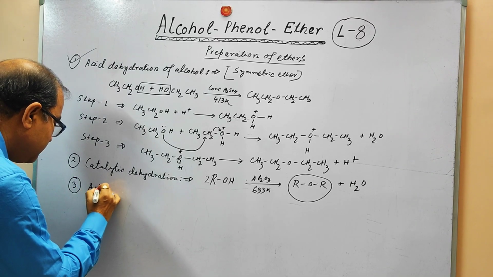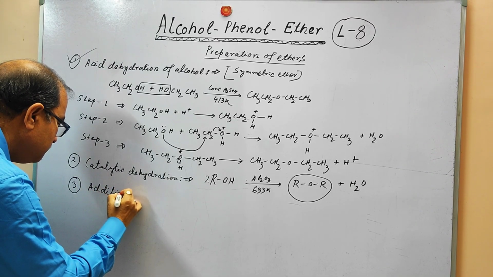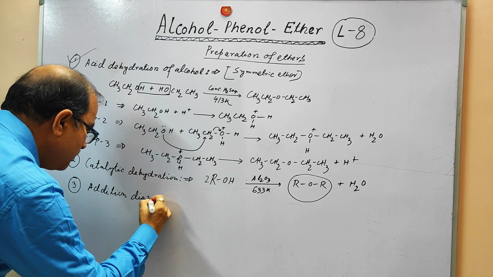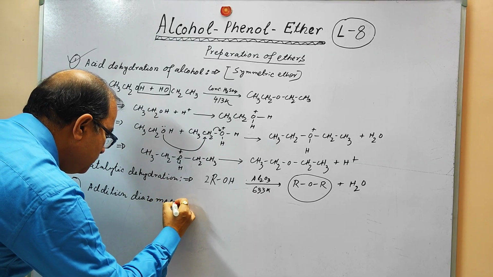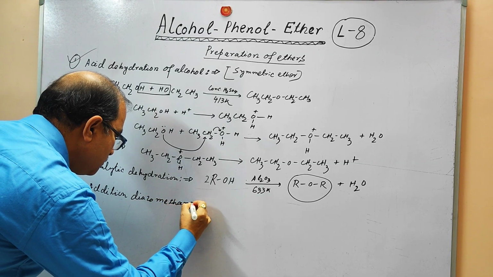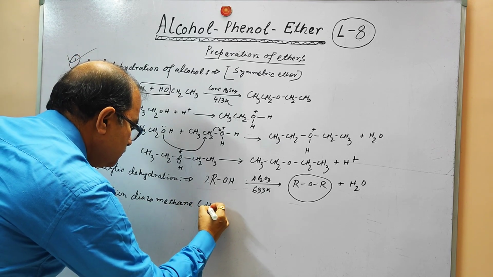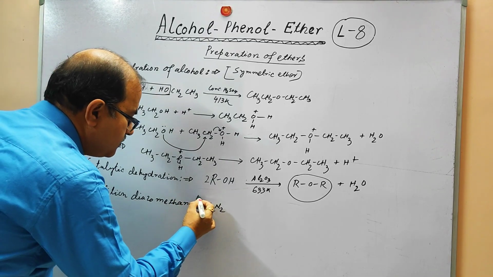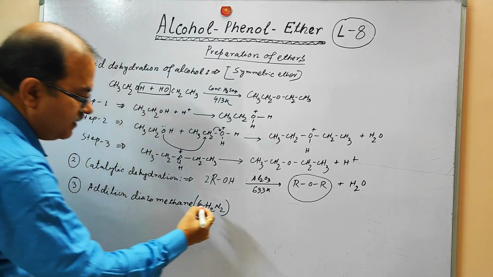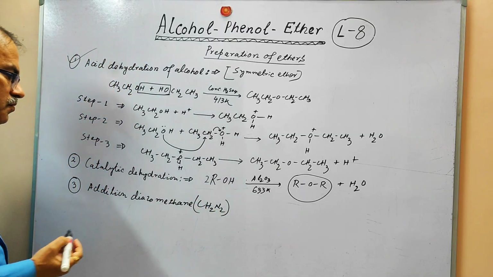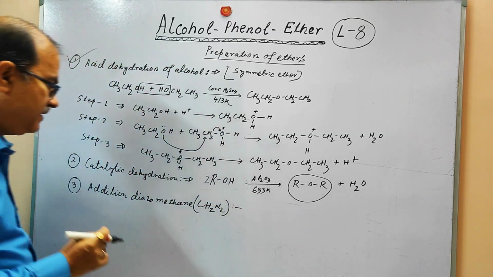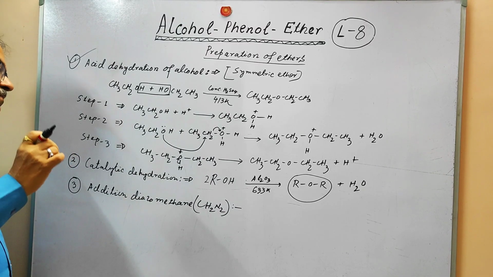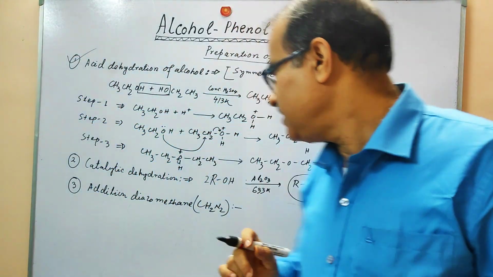It is the addition of diazomethane, CH2N2, because this is methane, and here you can see there is a diazo group, N triple bond N. When we add this to an alcohol or a phenol, it is going to produce ethers, and the reaction is this.